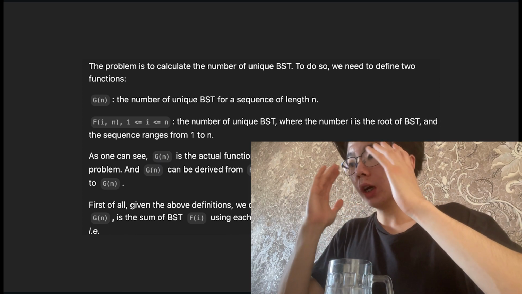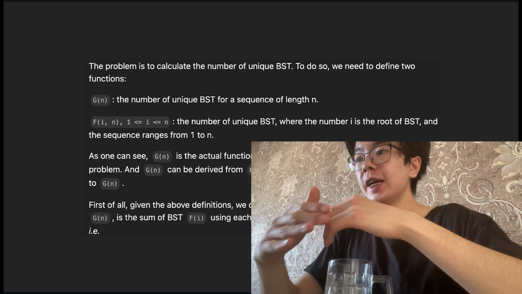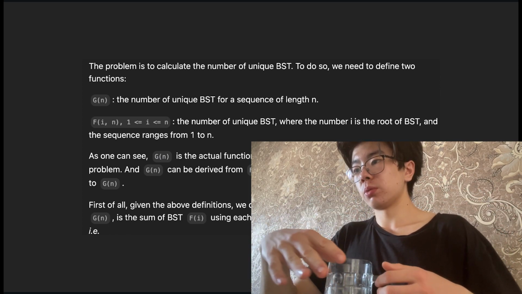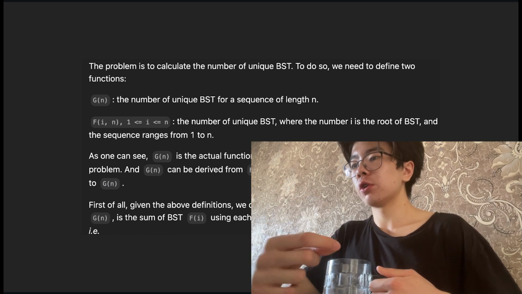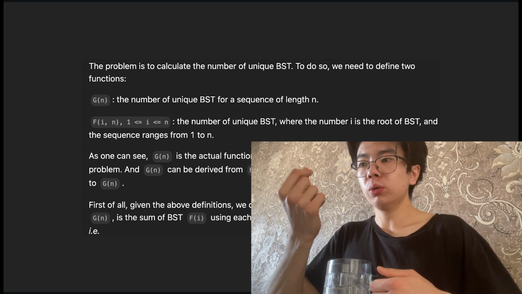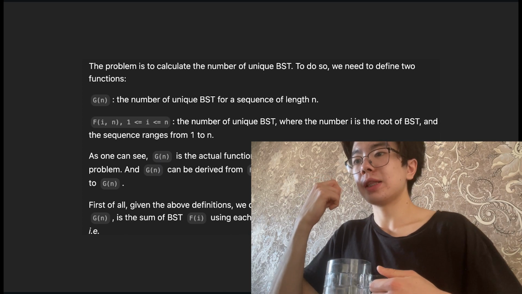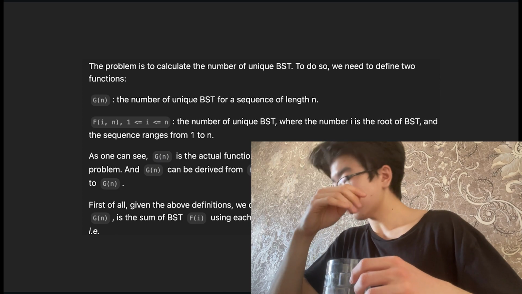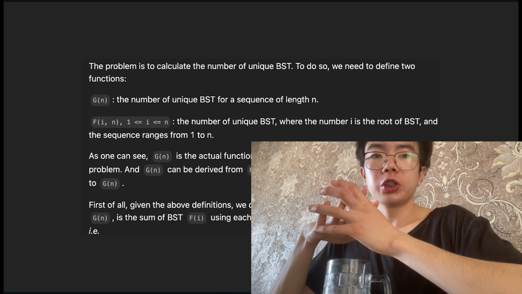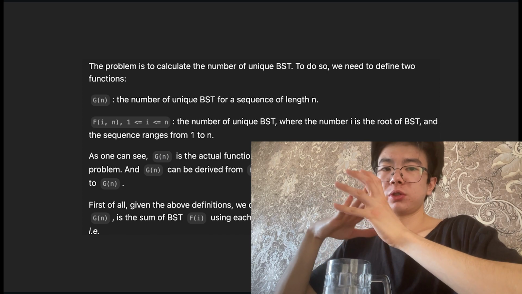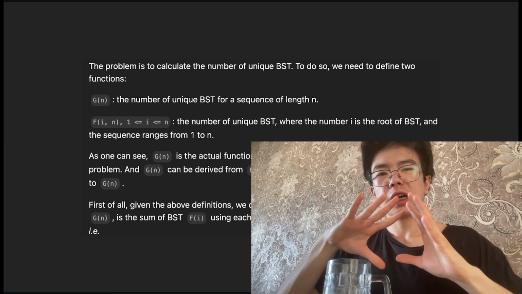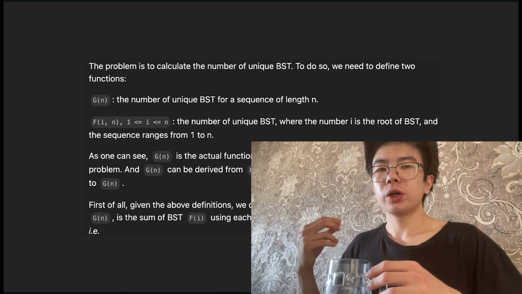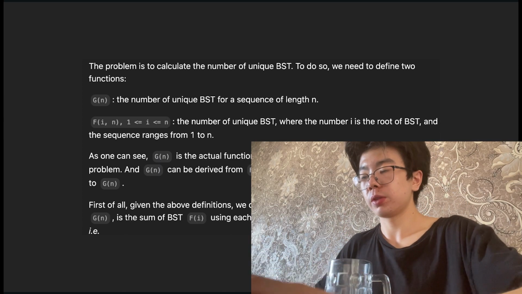And as one can see, G of n is the actual function we need to calculate in order to solve the problem, and G of n can be derived from this for loop, which at the end would recursively refer to G of n. So before I mentioned that there is no recursion. No, it's not totally recursive like Fibonacci, but here we have a statement of a recursive method.